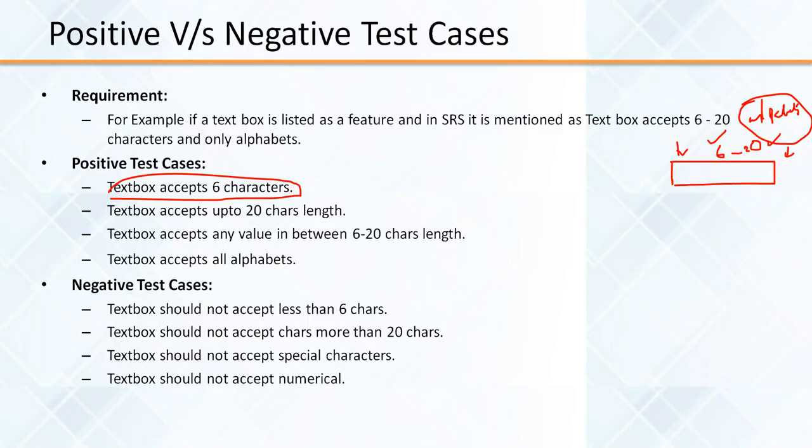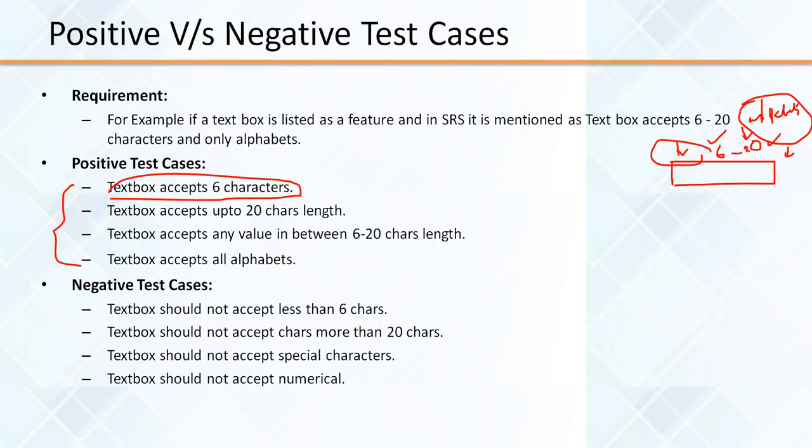Now come to the negative test cases. The text box should not accept fewer than 6 characters. If I give 1 to 5, it should not accept. If it accepts, that is a bug or defect. So that is a negative test case. And the text box should not accept more than 20 characters. Because the maximum length is only 20, if I provide 21 or 22, it should not accept.